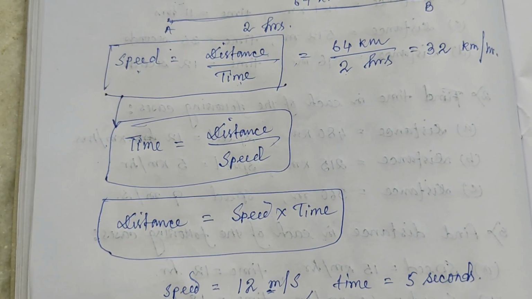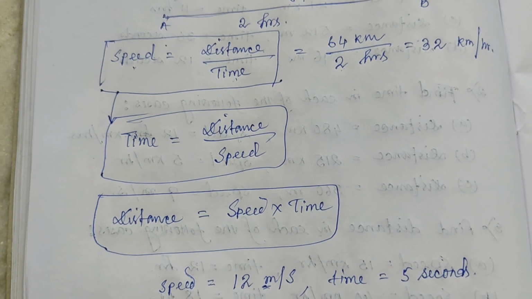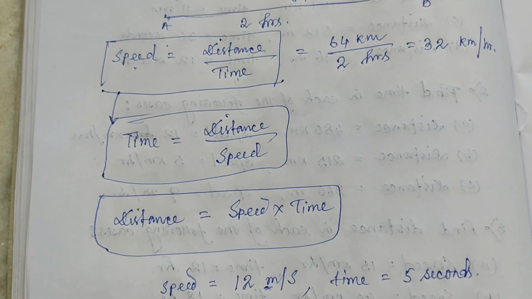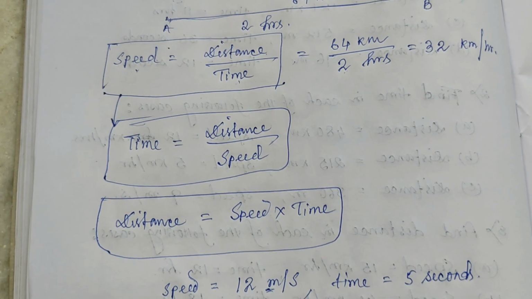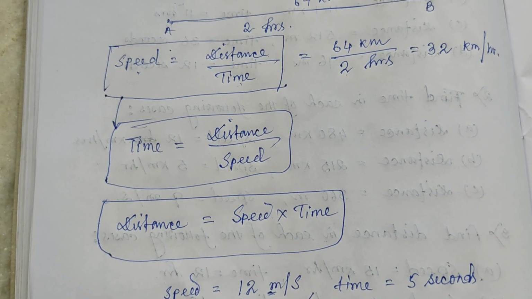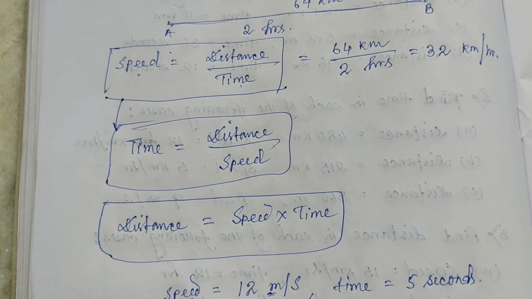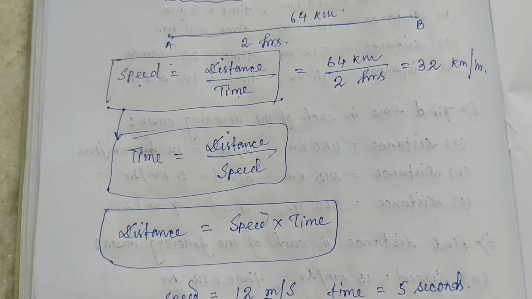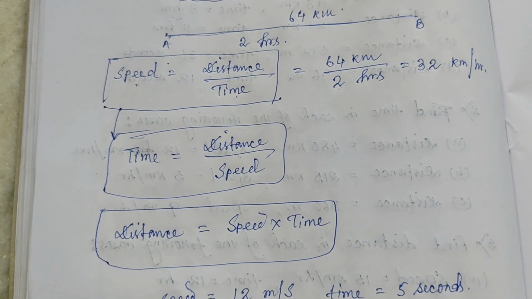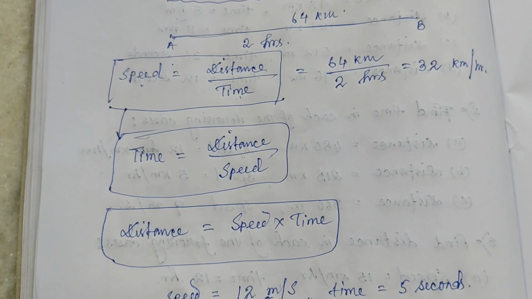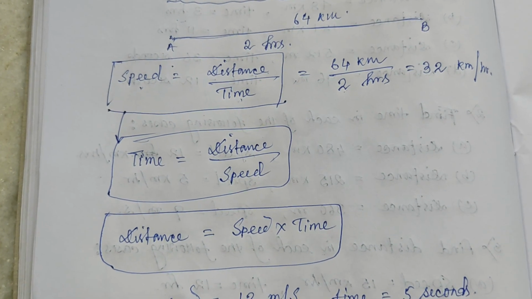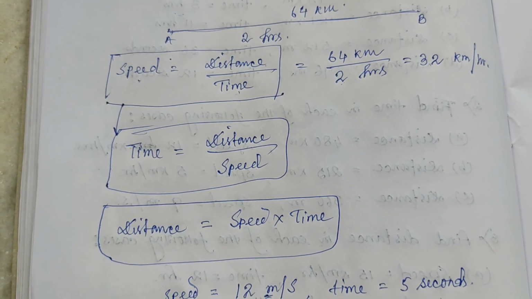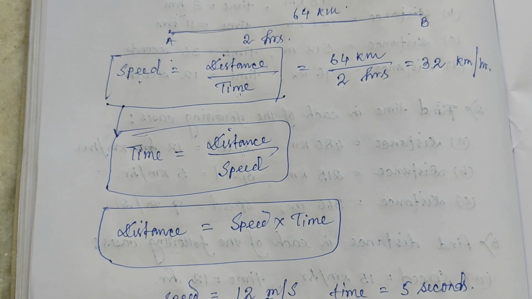Then you have the distance, and you can get the time from your watch. So dividing the distance by the time, you can get your speed, that is, the speed of your walking. So you can do this activity at home.